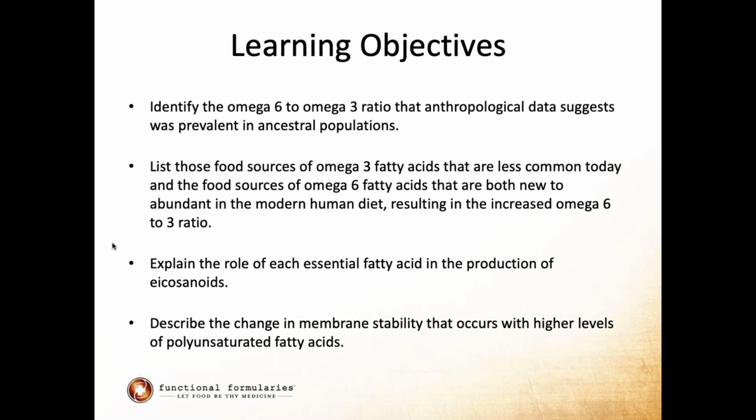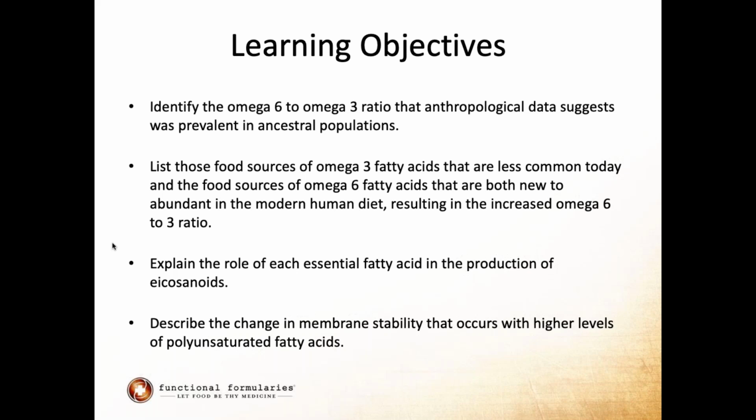Next, I think it's very important with respect to applying this information to our patients and their health to list those food sources of omega-3 fatty acids that are missing for a lot of our patients' diets. They're less common now. And also identify and list those sources of omega-6 fatty acids that are sort of new to the human diet, but have created a significant imbalance or increased ratio of 6:3, omega-6 to omega-3.